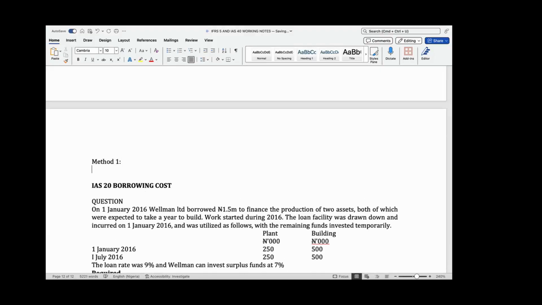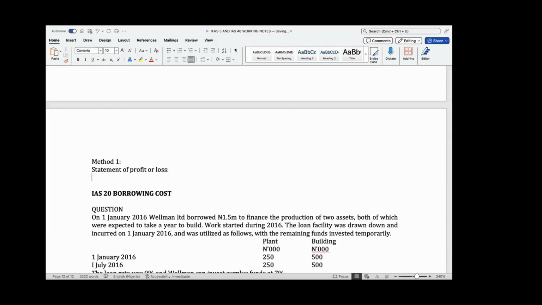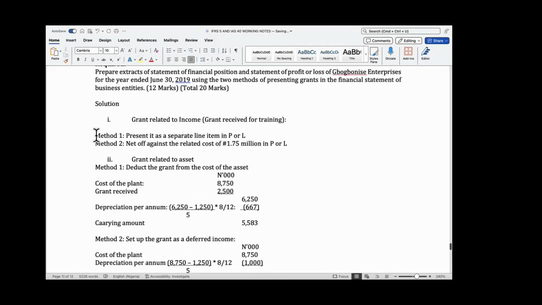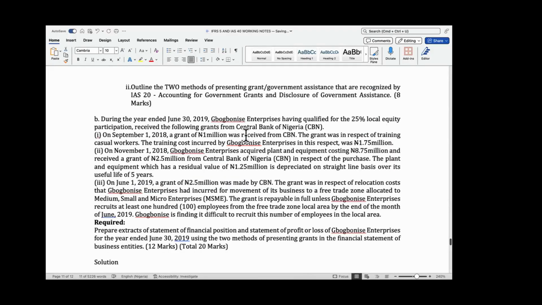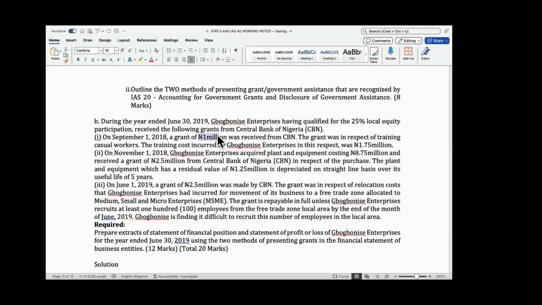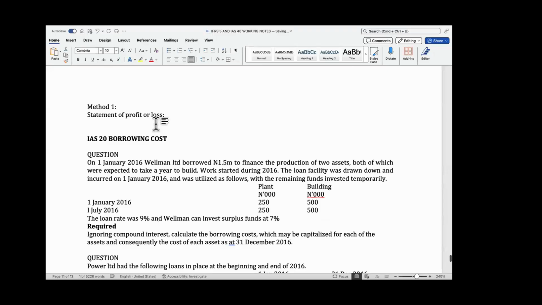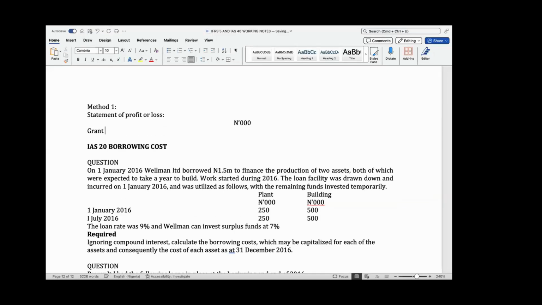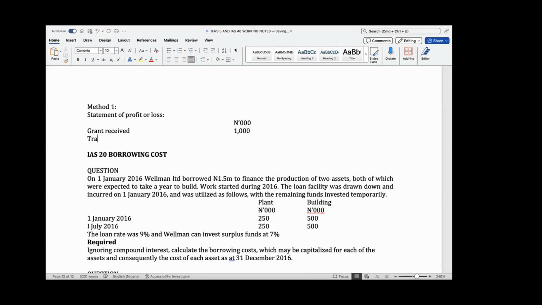So method 1, my statement of profit or loss. For the first one, if I'm presenting it as a separate line item, how much did they give him? 1 million. So grants received, 1 million.